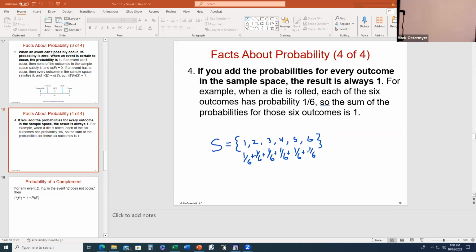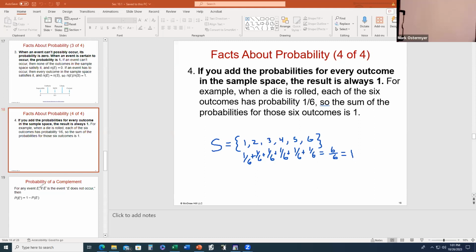And that makes perfect sense, because think about it. There is a 100% chance, do you agree, that when you conduct an experiment, one of the outcomes in the sample space must happen. There's a 100% chance that one of the outcomes is going to happen. And so this makes sense of what this is saying here.